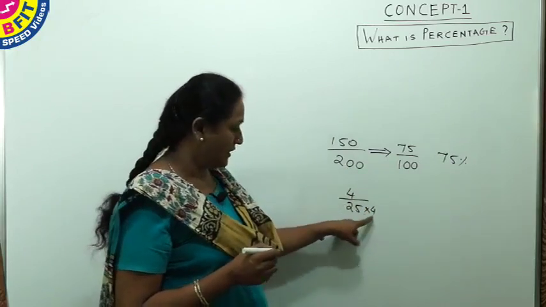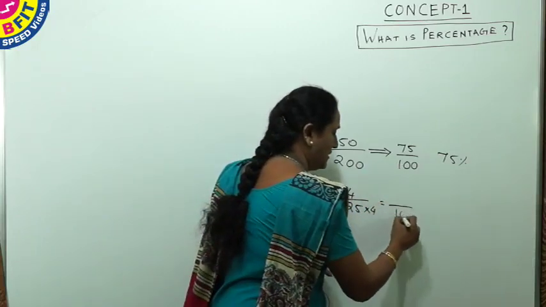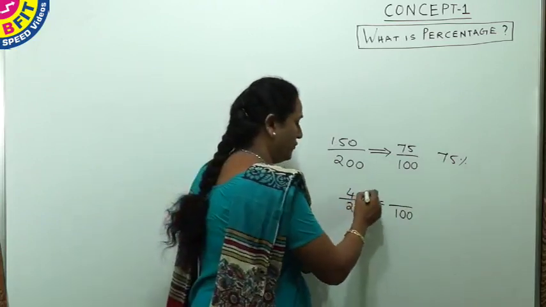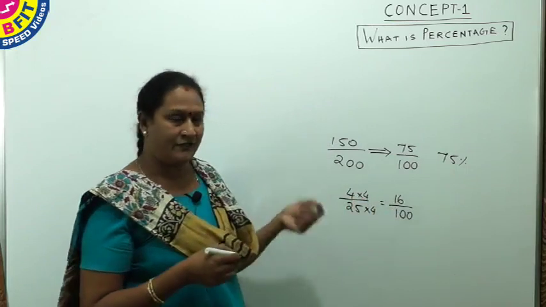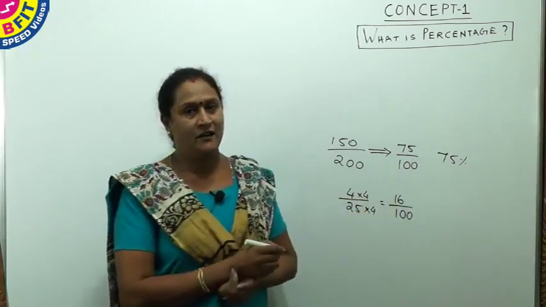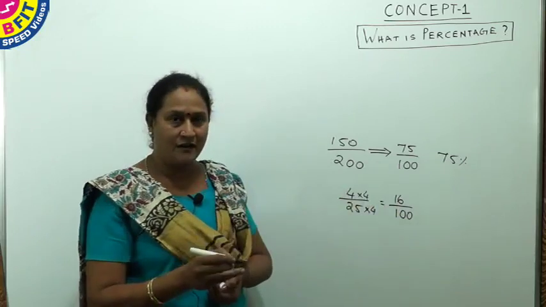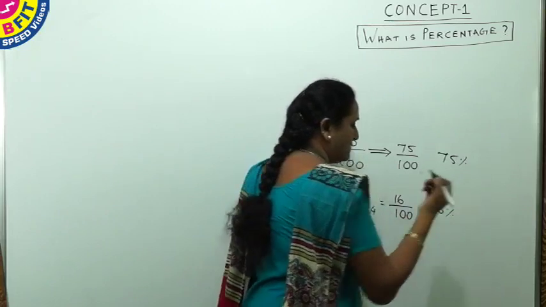Here, multiplying 25 by 4, we get 100. So the denominator is 100. And what will be the numerator? Into 4, 16. So for 25 if it is 4, for 100 it is 16. Now what is the percentage? As the denominator is 100, for 100 the score is 16. So it is 16%.